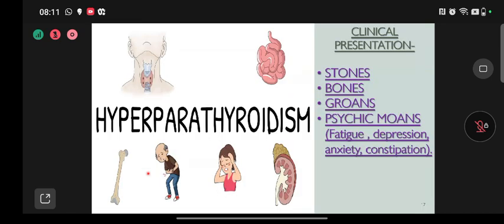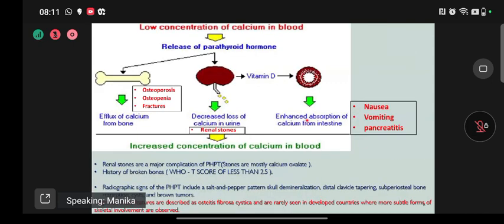Coming to the clinical presentations, they are stones, bones, groans, and psychic moans, which are fatigue, depression, anxiety, and constipation. So again, I'm going to describe the pathophysiology of the parathyroid hormone, which plays an important role in the clinical presentation.